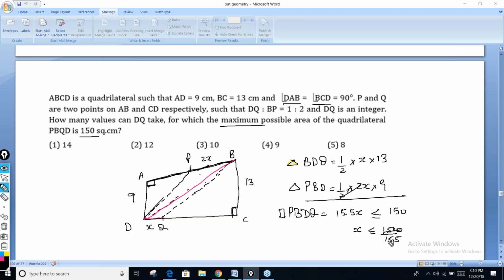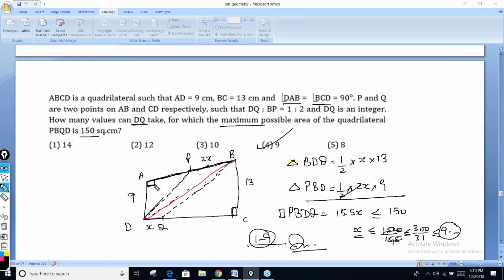If I cancel out, that comes out to be 300 by 31, which is nearly 9 point something. Means x can take all the integral values which are less than or equal to 9. Obviously x cannot be 0, x has to be at least 1. So all the values from 1 to 9 it can take. That is the question: how many values can DQ take? From 1 to 9 it can take 9 values. That is the answer. The answer is option 4.